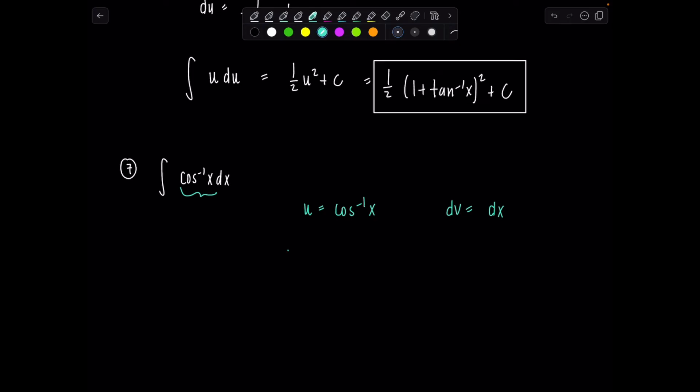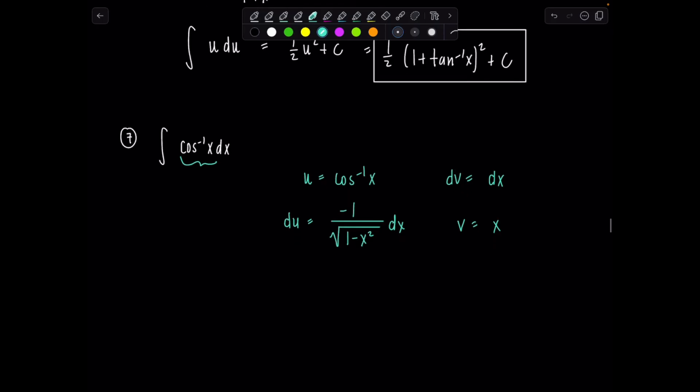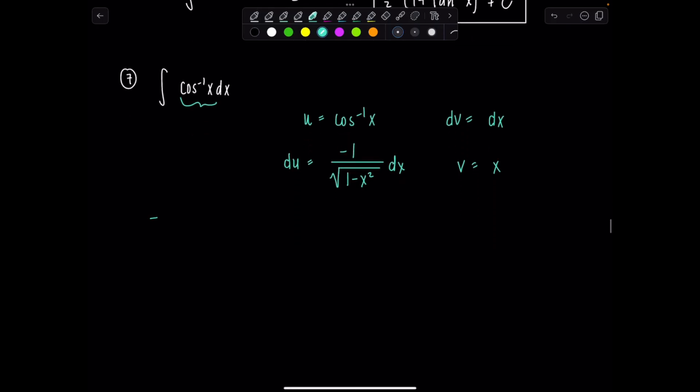Okay. So the derivative of cosine inverse of x is very much like sine inverse's derivative. It just has a negative. So negative 1 over rad 1 minus x squared dx. You do have to have that memorized, right? Otherwise, you're just going to be stuck. And then v is plain old x. So here we go.